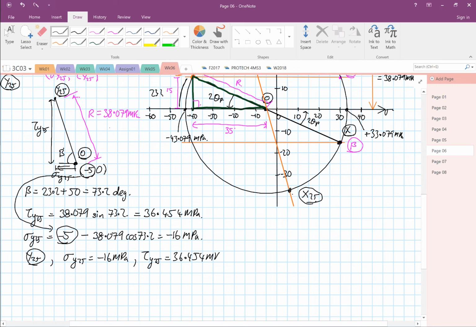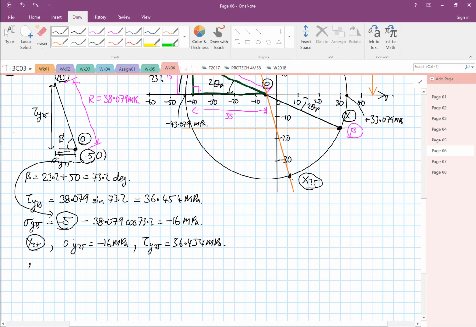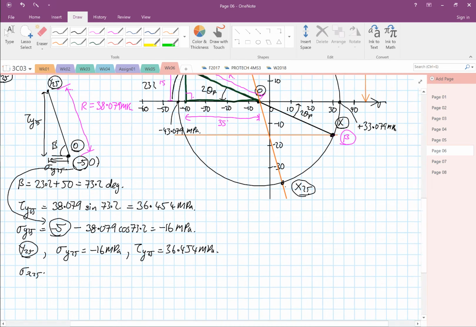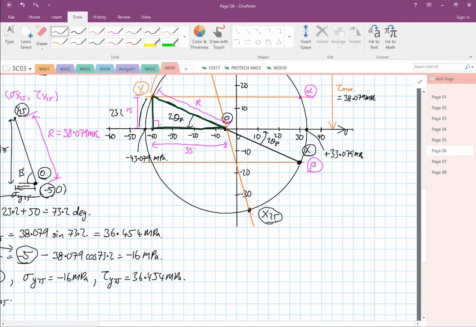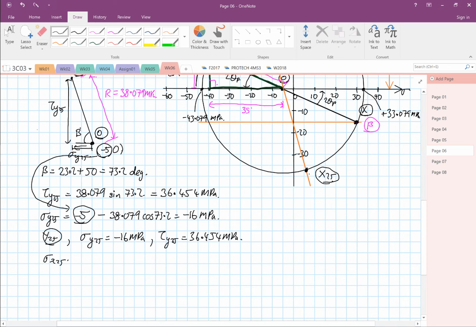From here, you can also find your stress X25, because the orientation is directly opposite over here. So your X25 is basically minus 5 plus, because it's on the right hand side.